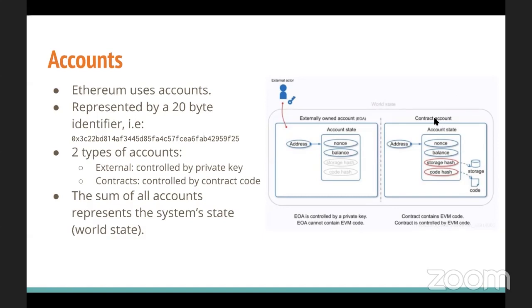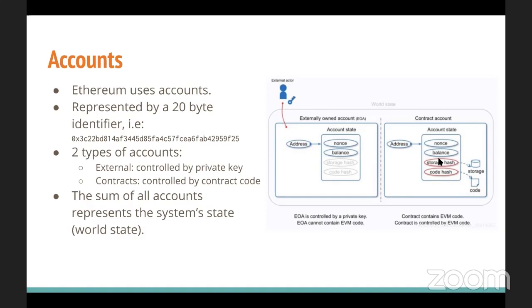And then we have the contract account. The only difference from the externally owned accounts is that this kind of account has a storage hash and a code hash. We can see this as a little program that has code and also uses storage of the blockchain to save, for example, a variable.